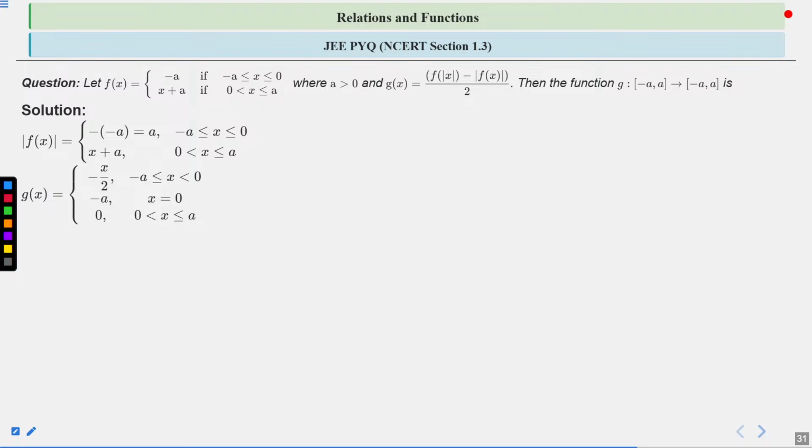So g(x) is basically (f(|x|) - |f(x)|)/2. After solving this, we will get g(x) as -x/2 when x is between -a and 0, -a when x is equal to 0, and 0 when x is between 0 and a. So we can draw the graph of g(x).